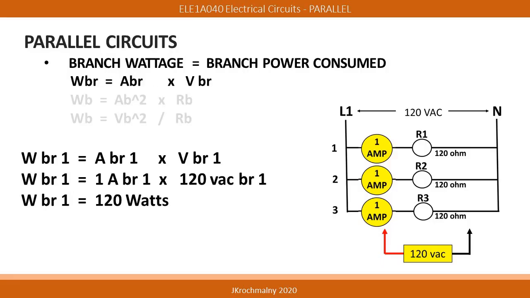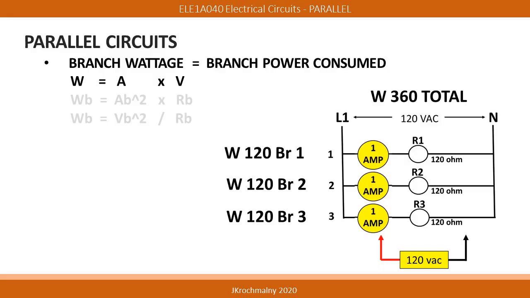We can also calculate the individual branch wattages by applying this same formula to a specific branch. Using branch number 1 in this circuit, we see 1 amp flowing in a circuit that has 120 volts being applied. We calculate branch 1 wattage by taking this 1 amp branch flow and multiplying it times 120 volts supplied to it, giving us 120 watts in branch number 1.